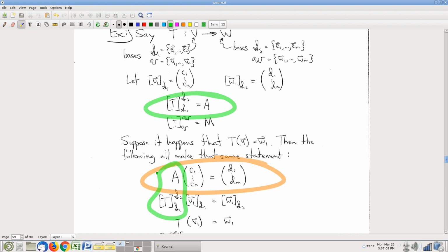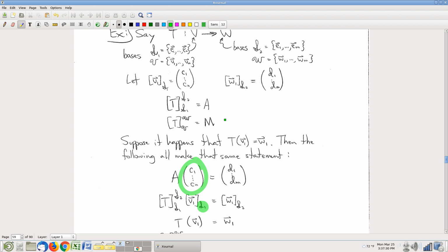So this right here, the fact that there's an S1 there, that's telling me that this thing that we're multiplying this matrix by, that's the S1 coordinates of something. So that's our foot in the door to then ask, okay, this is the S1 coordinates of what? Well, those numbers are the S1 coordinates of V1.